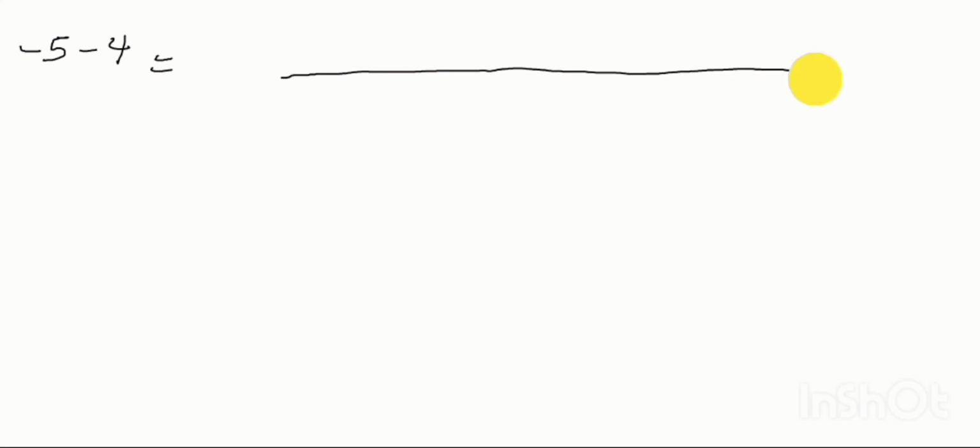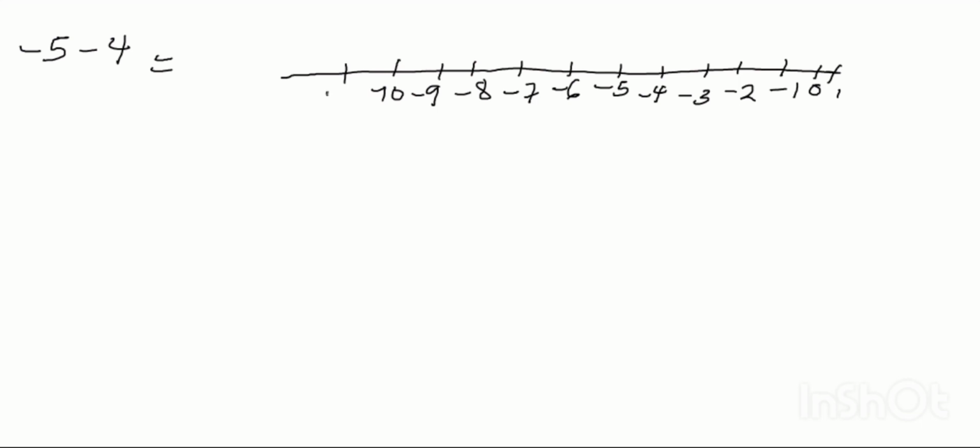So let me start from 0, and this is 1, and then moving to the left I have negative 1, negative 2, negative 3, negative 4, negative 5, negative 6, negative 7, negative 8, negative 9, negative 10, 11, 12, and so on.